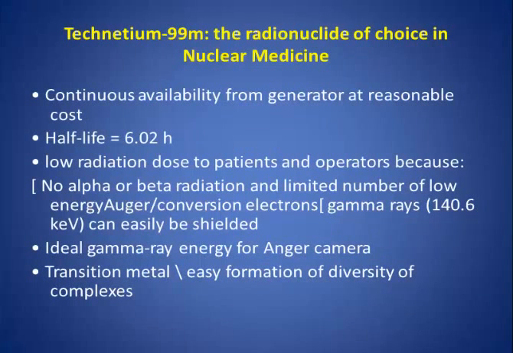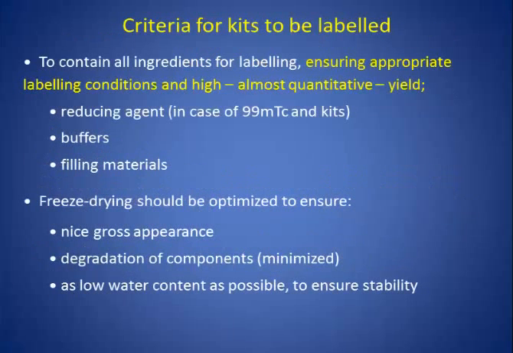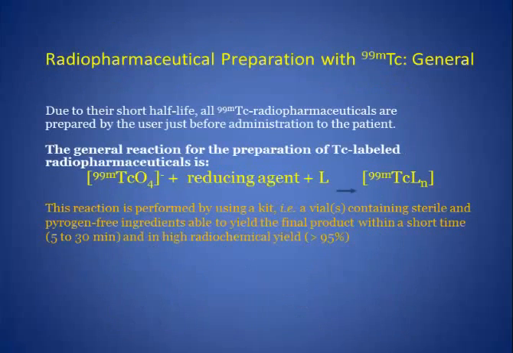Continuing on why we choose technetium: it is available, has a short half-life, is a pure gamma emitter, and meets the criteria. The kit contains a reducing agent and filling materials. So the radiopharmaceutical preparation is simply pertechnetate plus reducing agent plus ligand, giving you the complex or the molecule you're looking for.